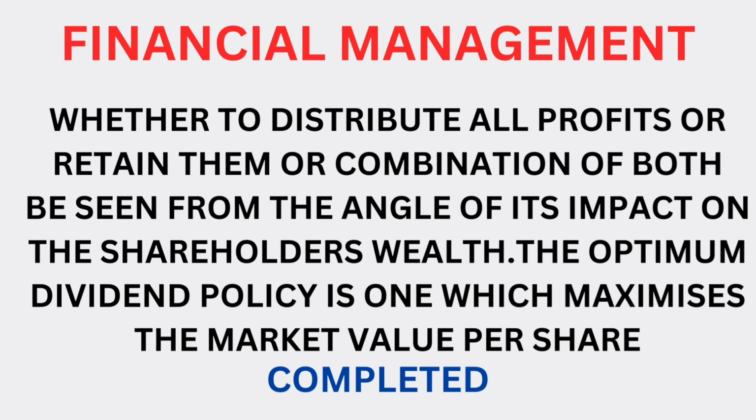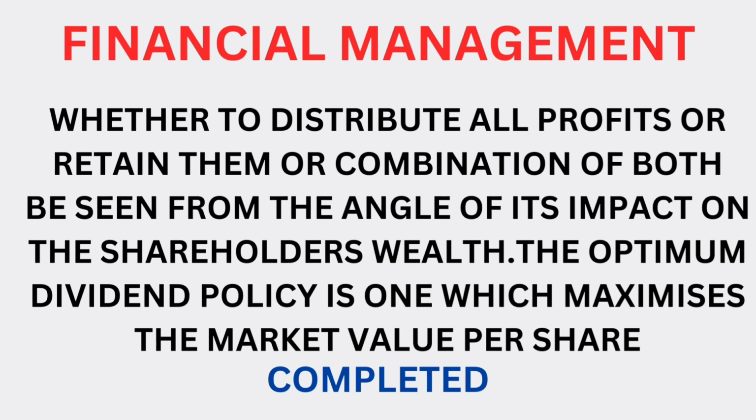So students, under dividend decision, a manager has to consider how much of the profit should be distributed among its shareholders as a dividend, and how much of the profit should be retained in the business. He has to consider both aspects, so that the ultimate objective is achieved.